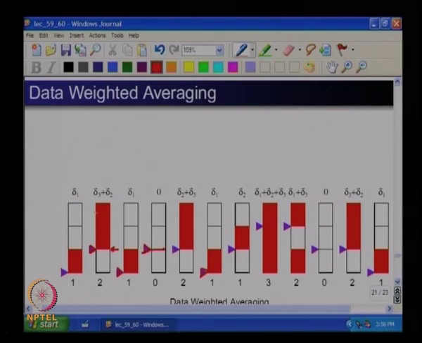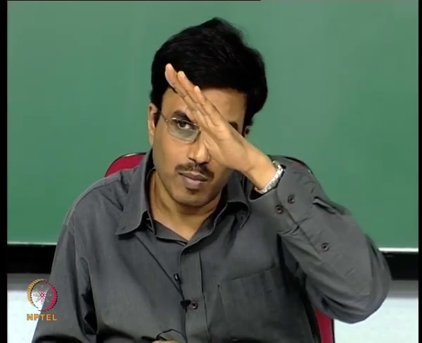And again, as you can see, what happens, the accumulated error is delta 1, plus delta 2 plus delta 3 plus delta 1, and so on, okay, all right. And please know that what you are interested in is not the deviation from the ideal line with the slope of 1, but from the line with the slope of 1 plus delta 1 plus delta 2 plus delta 3 by 3, right.